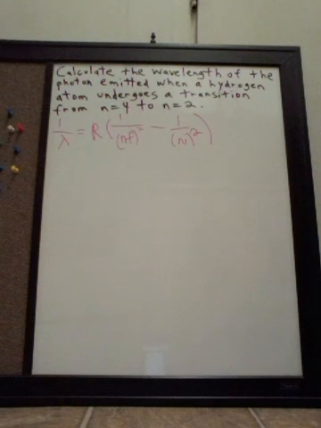The first thing that we do is we write down what is called the Rydberg equation. So I have my laser pointer here, I hope you guys can follow my laser pointer.